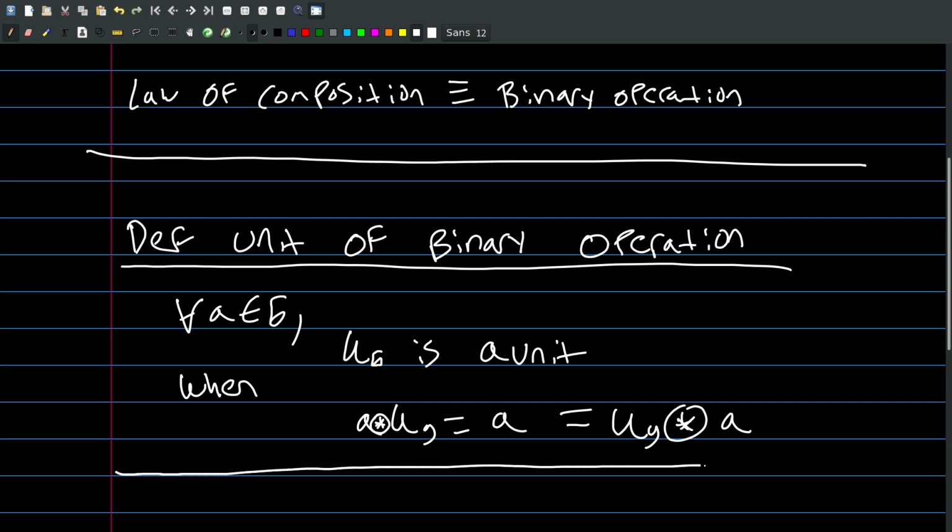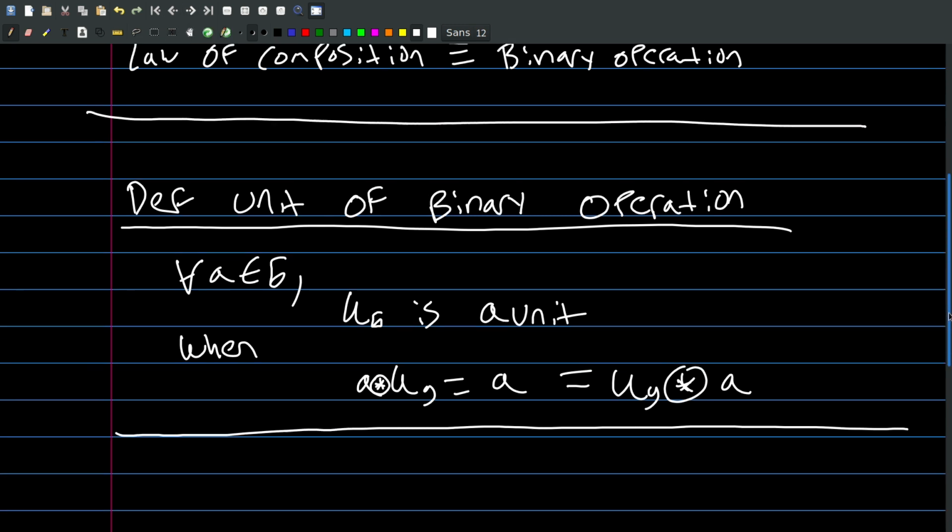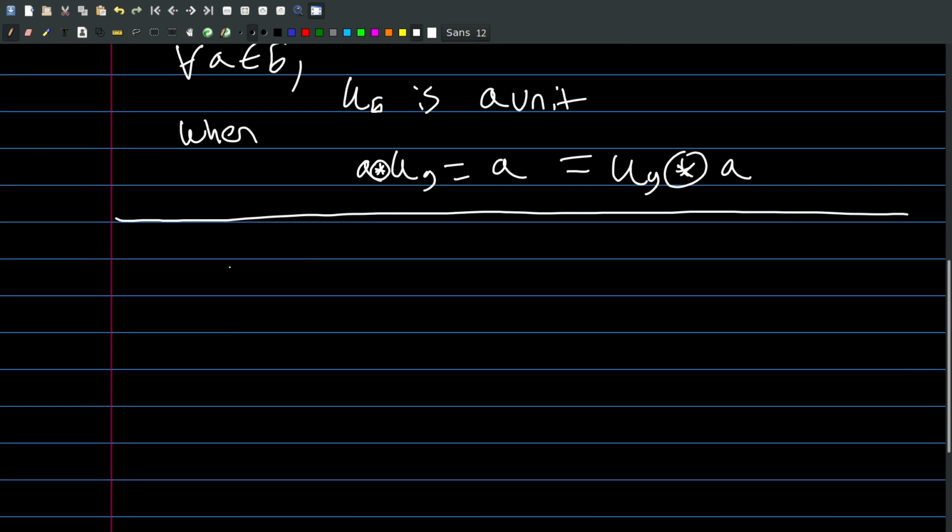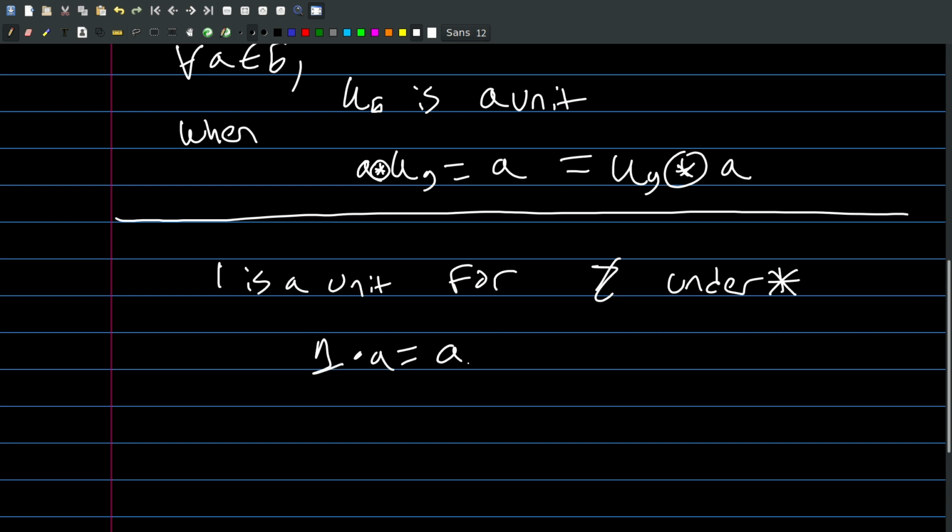So in our example of the integers, one is a unit under multiplication actually. So 1 times any number A equals A, and that's equivalent to A times 1.